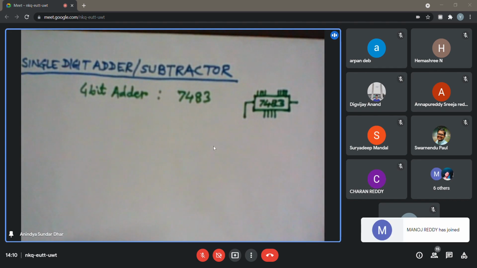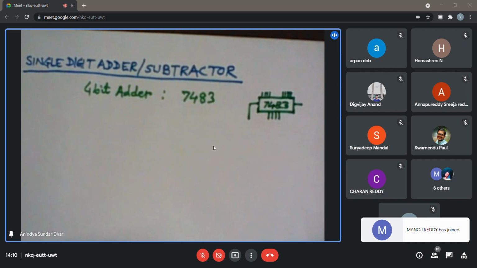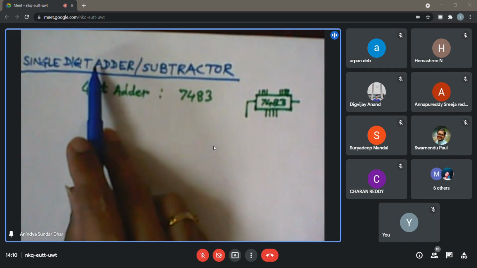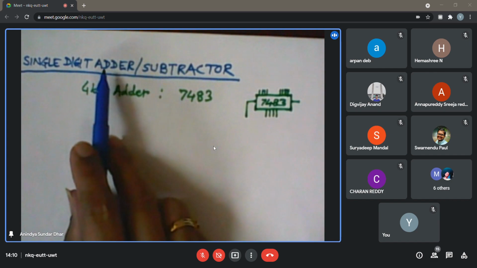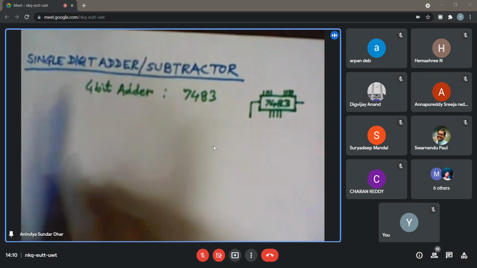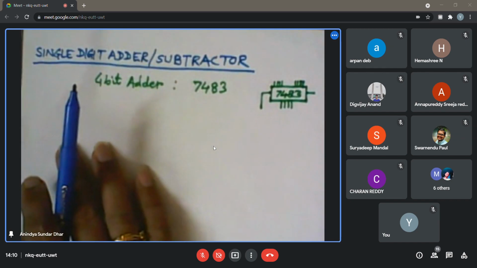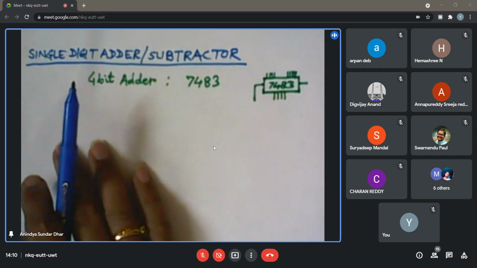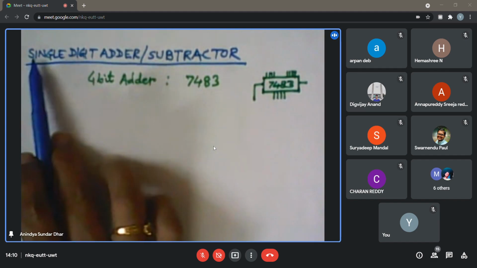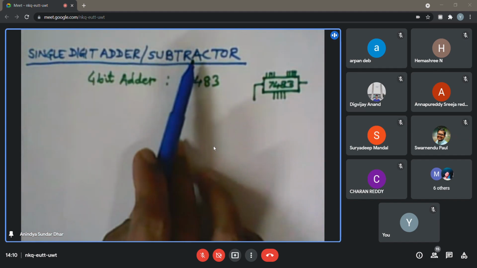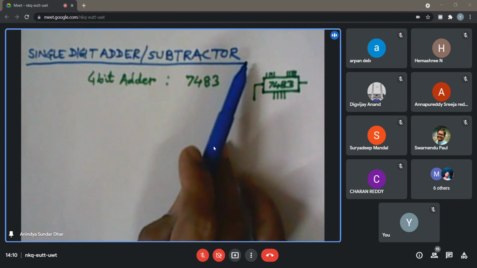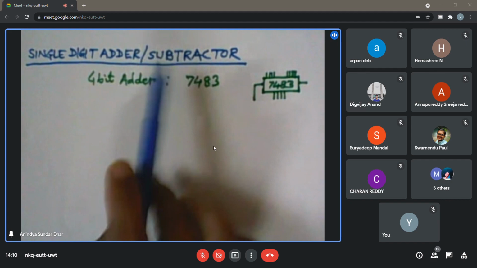It's combinatorial, right? But probably when you said sequential, you thought about the full adder subtractor circuit, right? I mean, if I call it a system at all, most probably we're talking about that system where you have got two registers, that ASCII keyboard. So is your answer pertaining to that whole system when you said sequential? Yeah, I thought you were talking about that. But yeah, you are correct in that sense, that if I talk about the whole single digit adder subtractor system, whatever we have designed, that is sequential, because it requires that key pressing in a sequence.